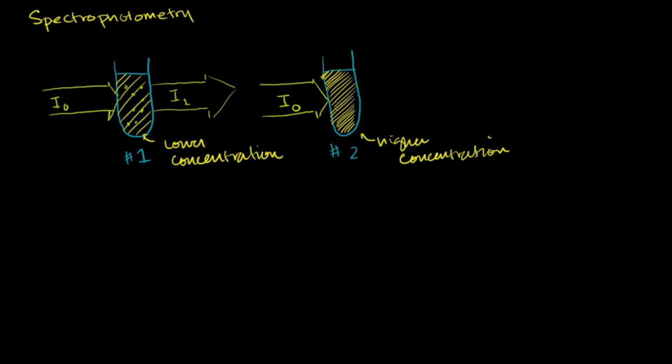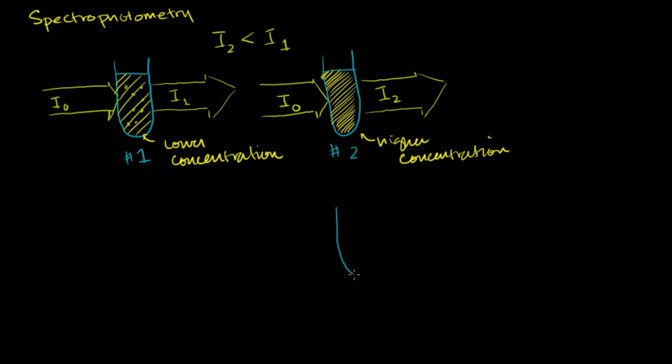It's just going to bump into more molecules because it's a higher concentration here. So the light that comes out, I'll call that I2. This is going to have a lower intensity of light being transmitted than this one over here. I2 is going to be less than I1.